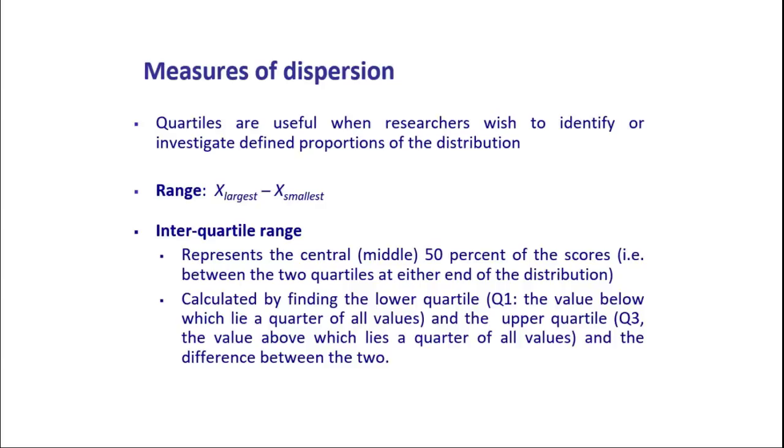The interquartile range represents the central middle 50% of the scores, between the two quartiles. It's calculated by finding the lower quartile and the upper quartile, and the difference between them, Q3 minus Q1, is the interquartile range. Unsurprisingly, it is associated with the median.